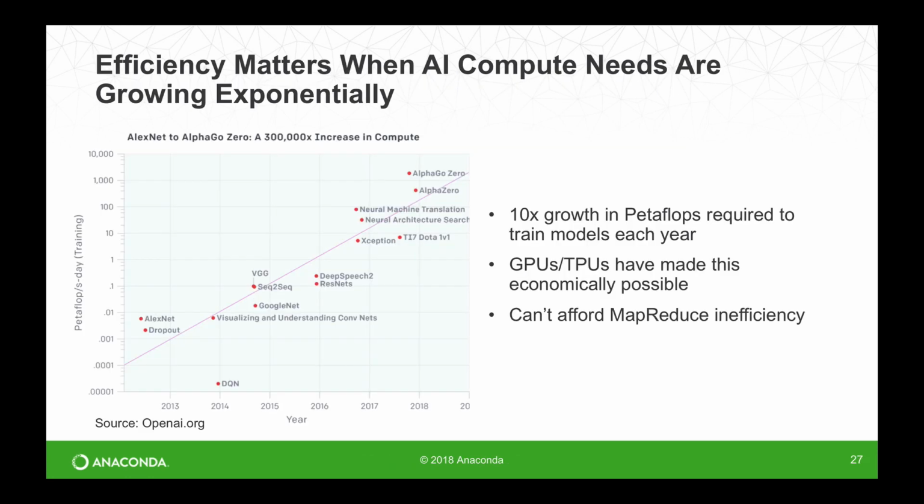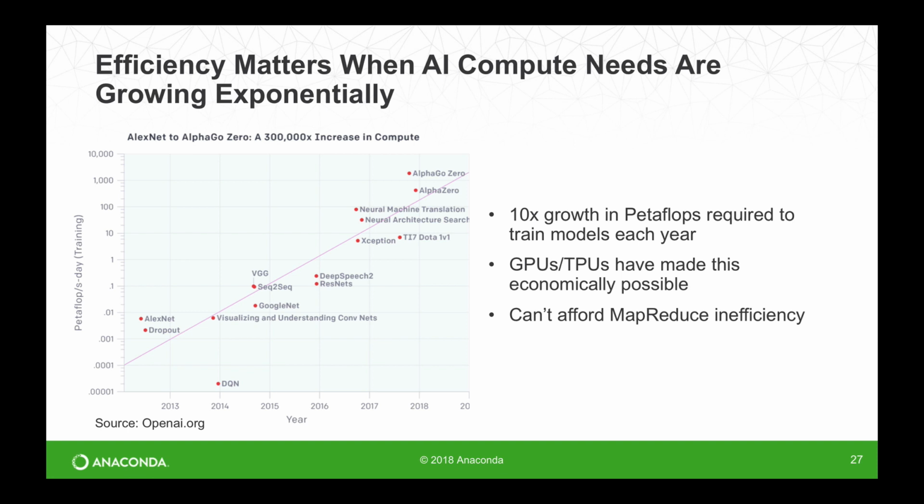And the reason that matters is because the big advances that we're seeing in AI require a lot of compute. You must be efficient. This is a chart from OpenAI, and they looked at how many petaflops are required every day to train the leading AI models. And they looked at lots of different models from people like Google and OpenAI and others.